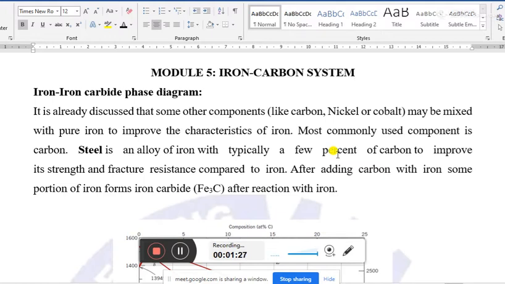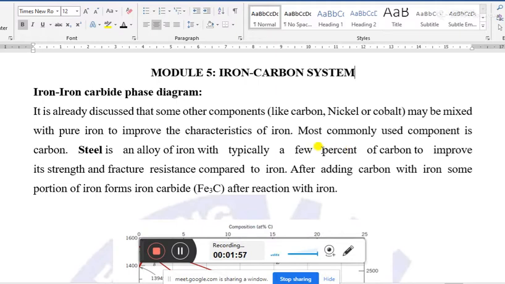I think you can remember that in the last class we discussed that some components like cobalt, nickel or carbon may be mixed with iron to modify, or precisely speaking to improve, the structural characteristics of iron.